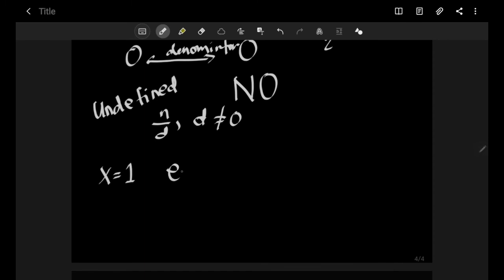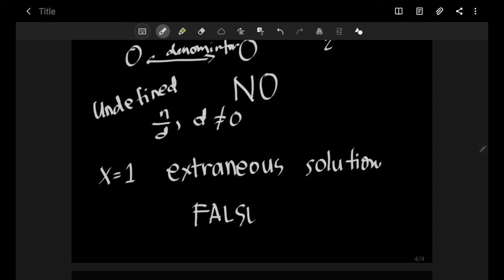Pero, ang tawag sa kanya ay extraneous solution. Okay, part siya ng solution, value siya ng x, nakita naman natin, pero it will not satisfy your equation. It will not satisfy your rational equation. So, ibig sabihin, false.